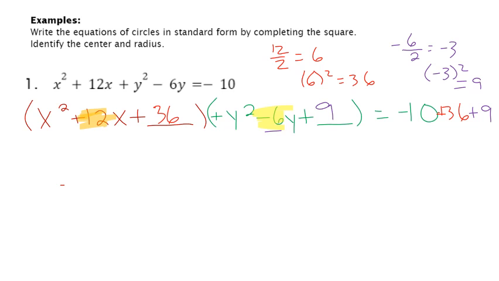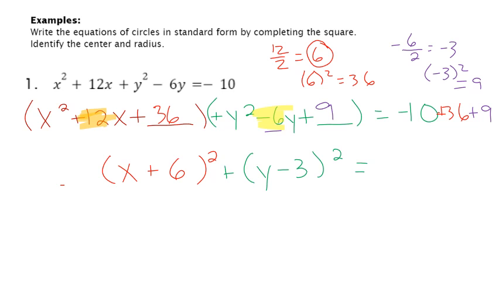Now, if we rewrite it, my first parenthesis, remember you always take half of what the b value was, so that's x plus 6 quantity squared. And then this would be plus y minus 3 quantity squared. And then I'm going to put all my constants together.